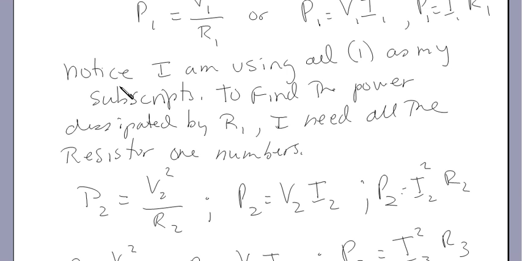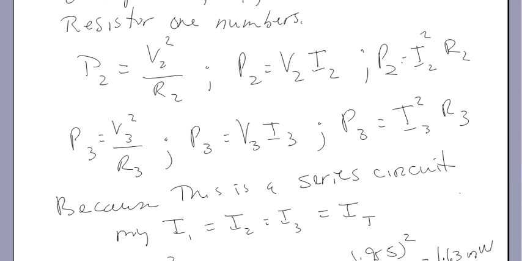So again, notice I'm using all ones, meaning ones as my subscripts. To find the power dissipated by R1, I need all the resistor 1 numbers, meaning V1, I1, R1, all that. Here's all my formulas for power 2 and then power 3. V2 squared over R2, V2 I2, I2 squared R2.